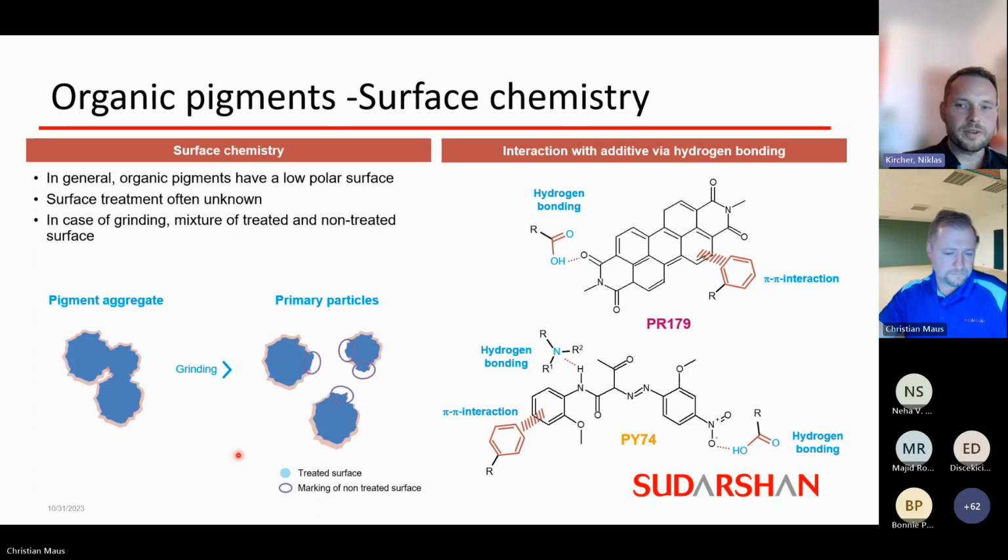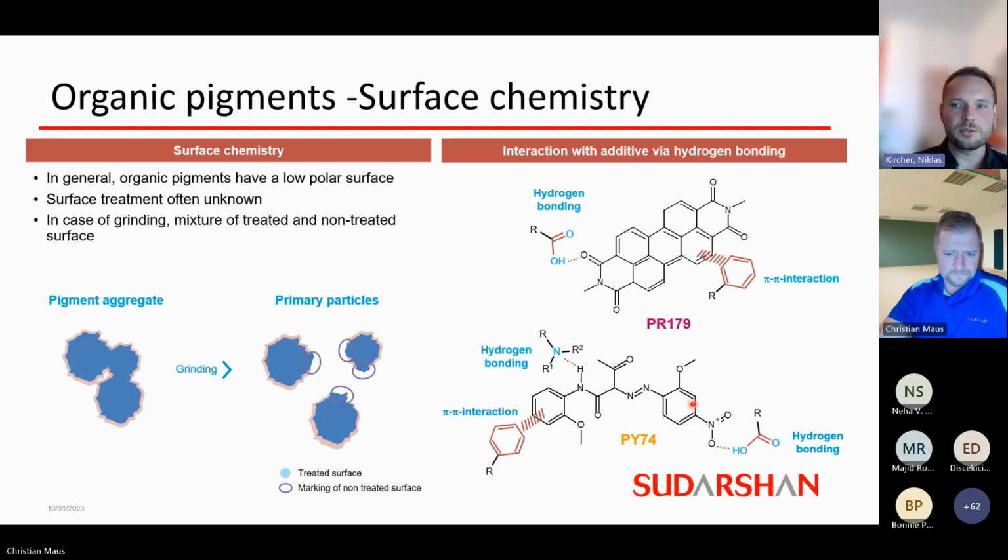A dispersant always has pigment affinity groups, that are functional groups that will interact with functional groups in the pigment or on the pigment surface. Can be, for example, pi-pi interactions, means aromatic groups in the dispersant can interact with aromatic groups in the pigment. That can also be done via hydrogen bonding. If you, for example, look into data sheets of dispersants, you will often find amine and acid values.